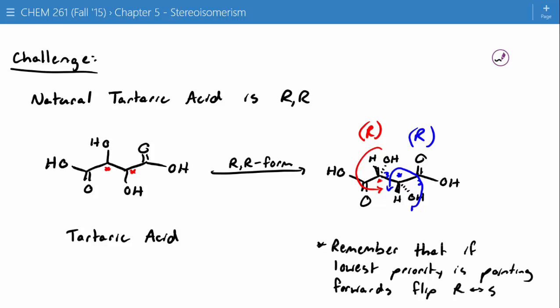Can we explain how it compares to the one that we did before? So the OH in the dash? Because if the OH were pointing in the wedge position, we'd have an S, not an R stereocenter.